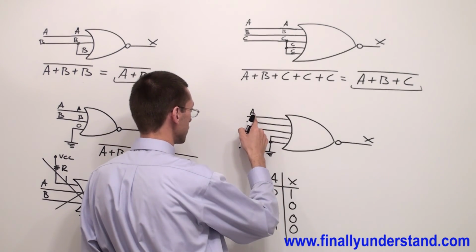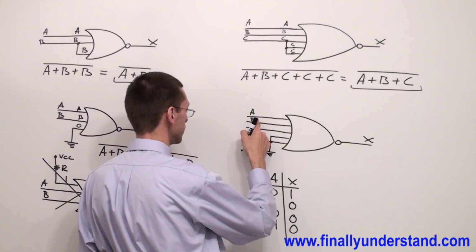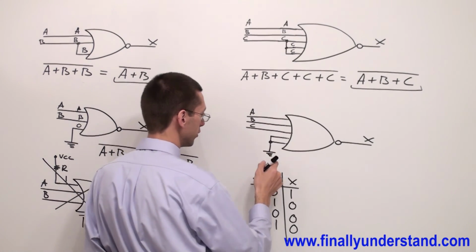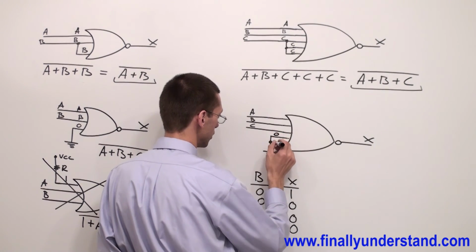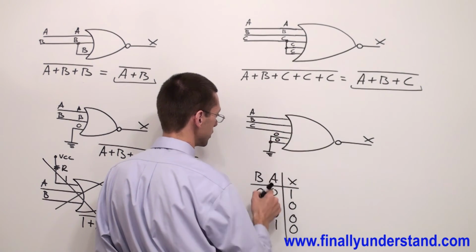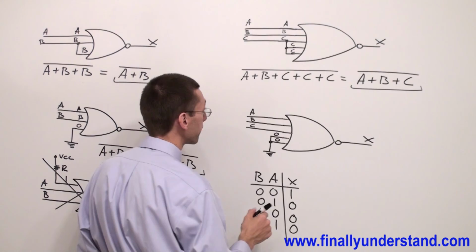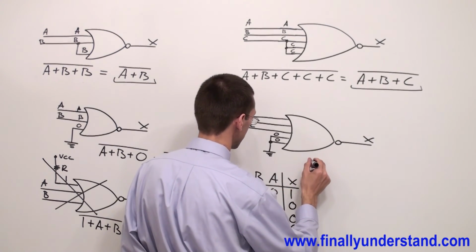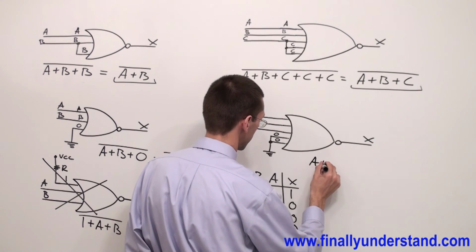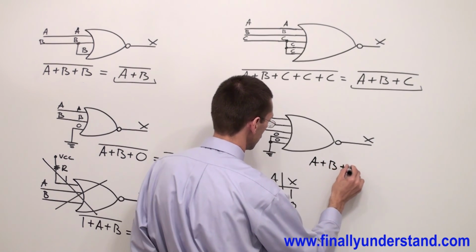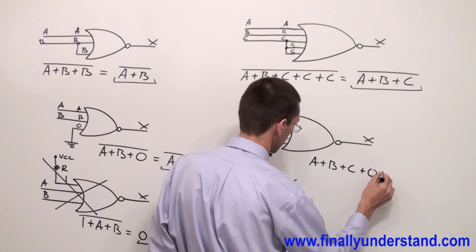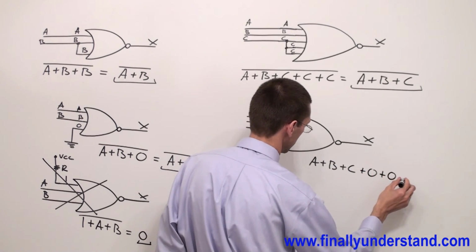First input is receiving A, second is receiving B, C is going to the third input, and the fourth input is receiving 0, and fifth is also receiving 0. So we have logic expression at the output. A NOR B NOR C NOR 0 NOR 0. Okay?